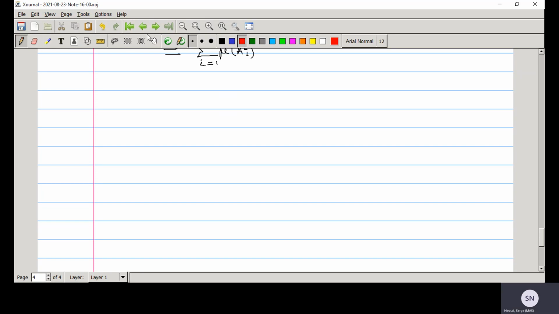So, property. If A is a subset of B, then mu A is less than or equal to mu B. Obviously, they will be equal if A is equal to B, right?